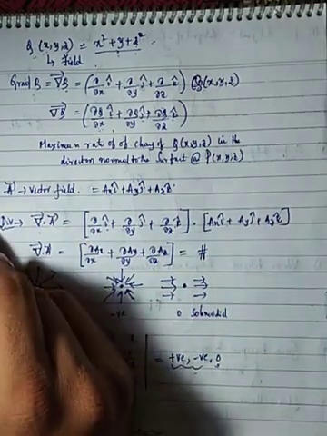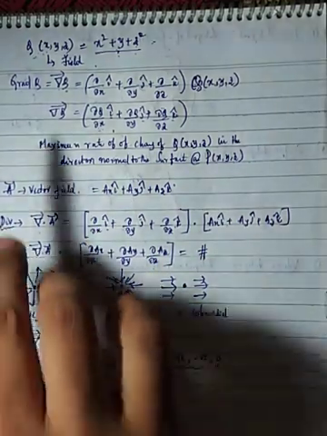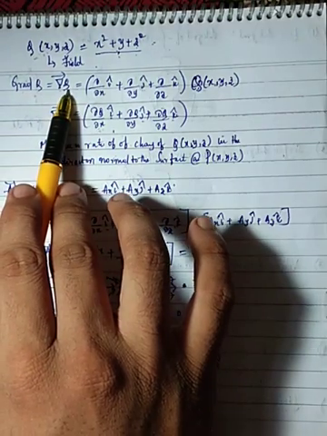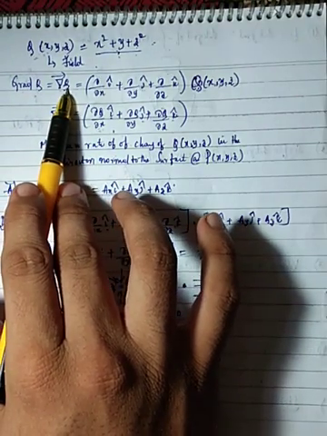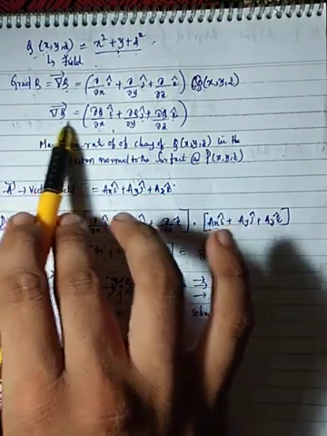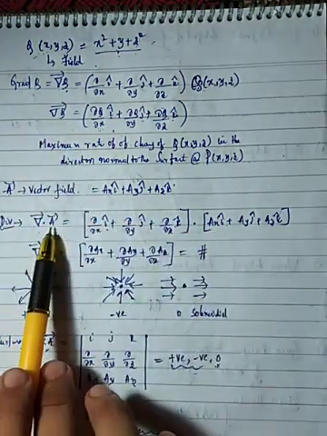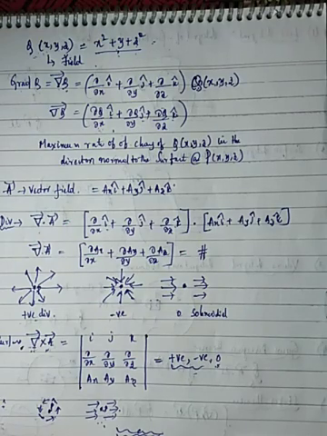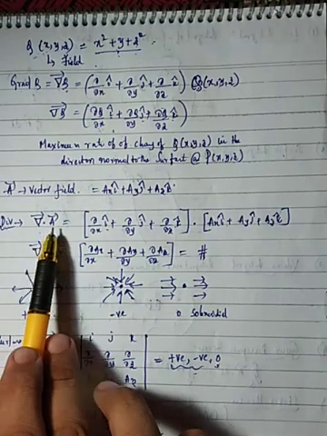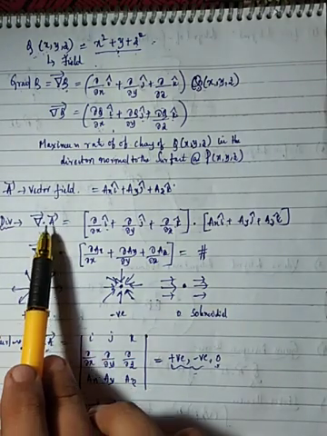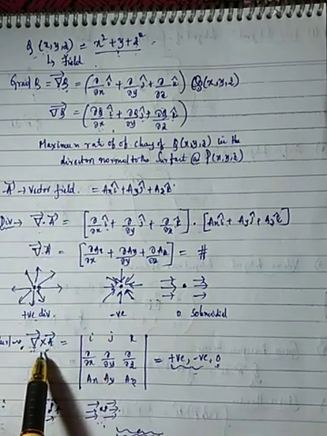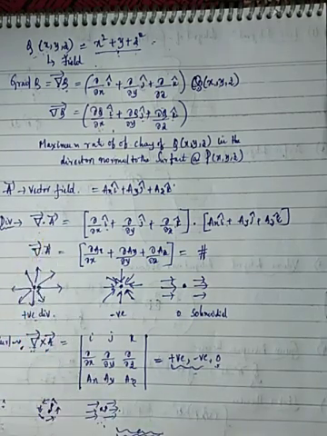The second operation which we can do: gradient takes in a scalar field or a scalar function, and makes it a vector. You see, the gradient of a scalar function becomes a vector. Now if you have a vector field itself, there are two things you can do with this. Since this is also a vector, this is also a vector, you can either take a dot product or you can take a cross product. If you take a dot product, what will happen?